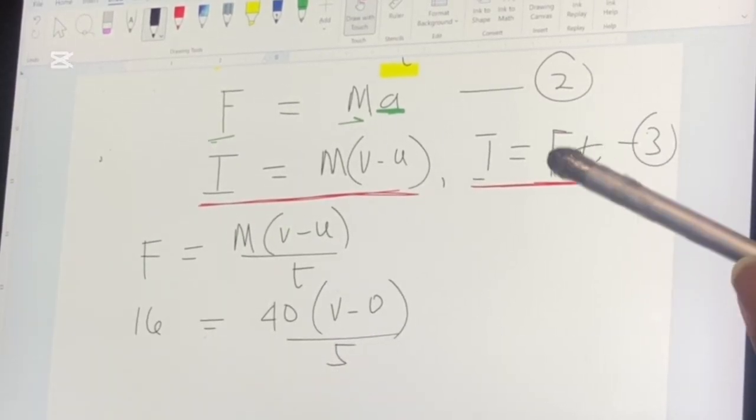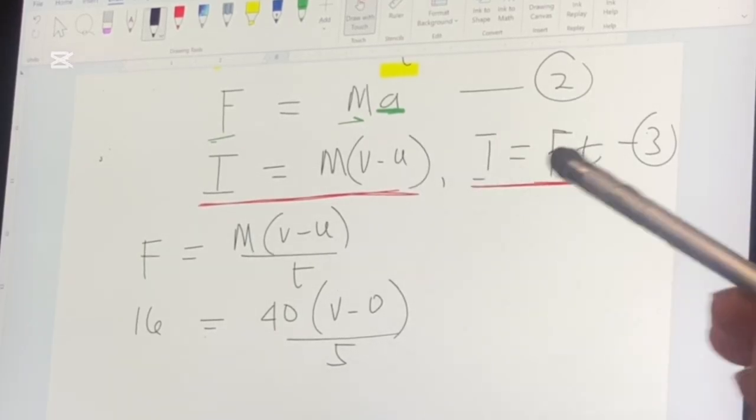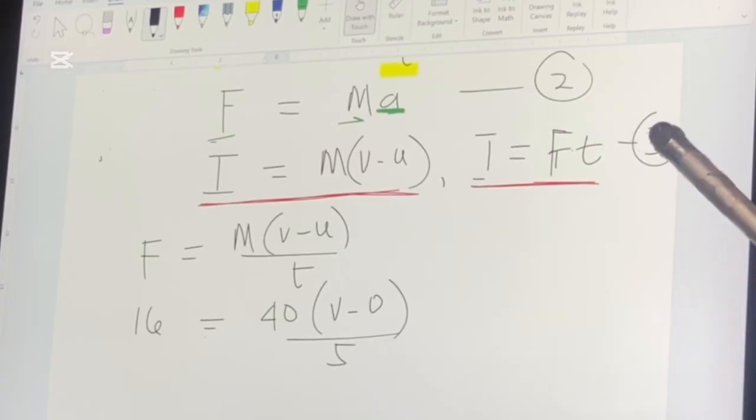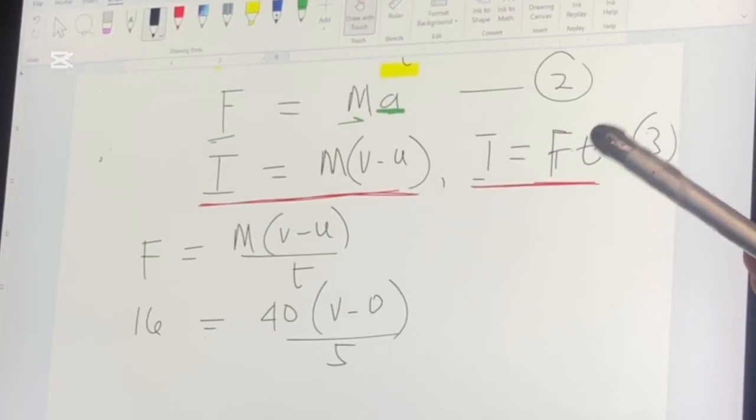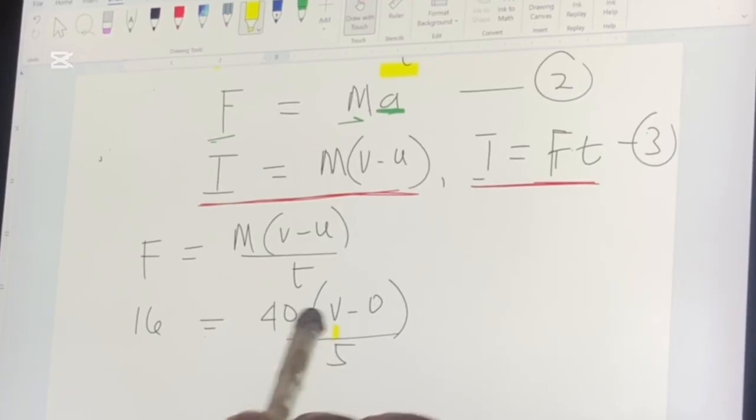In mathematics, whenever you have brackets open and close, you simplify what is inside the bracket first before any other step. Please take note. So now let's simplify what is inside this bracket. Okay, class, v minus 0 will give us v.